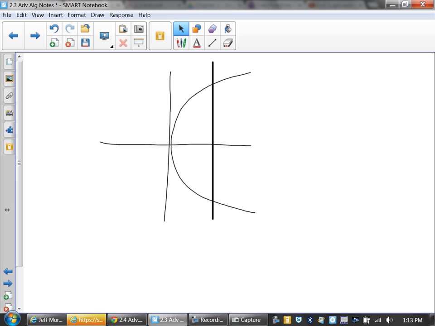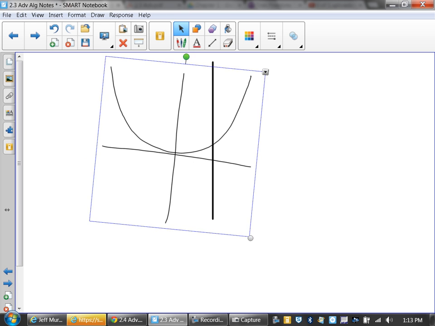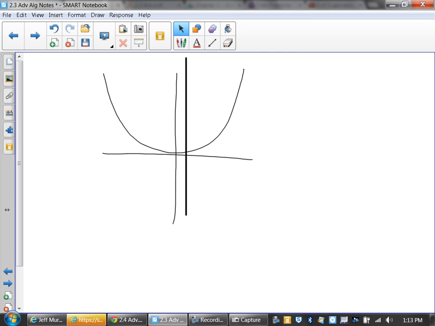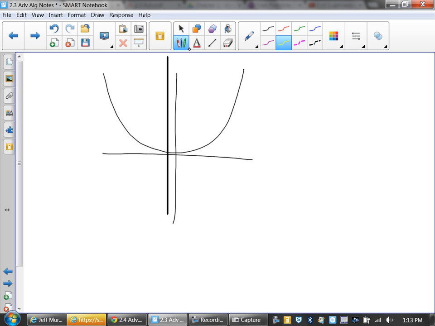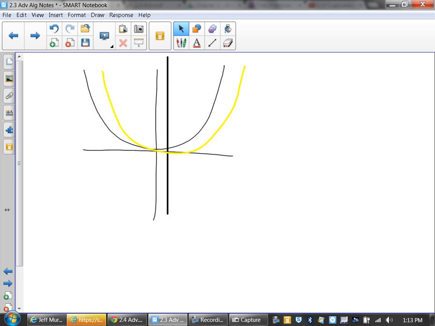Yes, sir? How does it not touch multiple spots? Here? See how it's only touching the graph itself? Yeah, but like the spot where... Now remember, this isn't... Oh, you mean like two different spots at the same time?